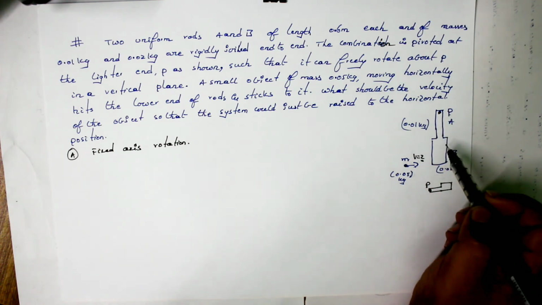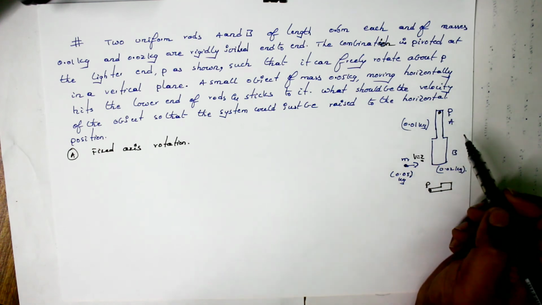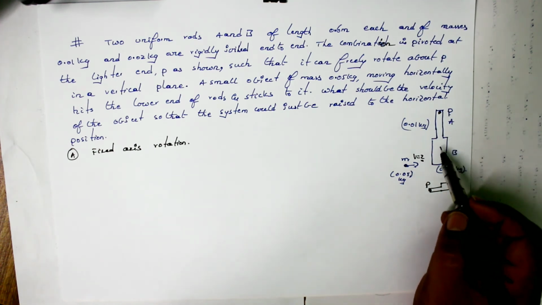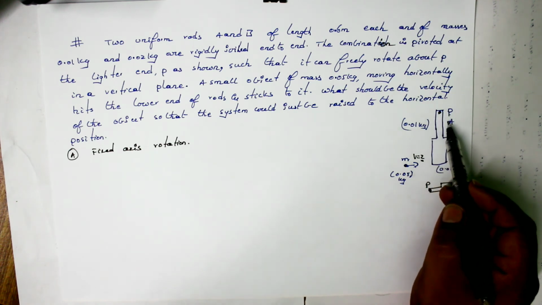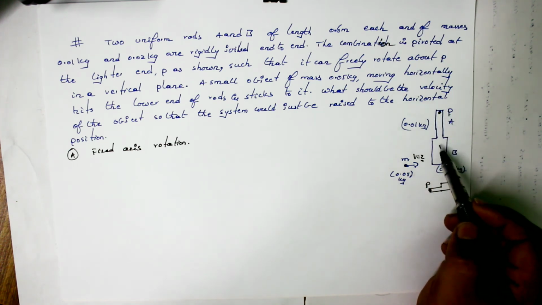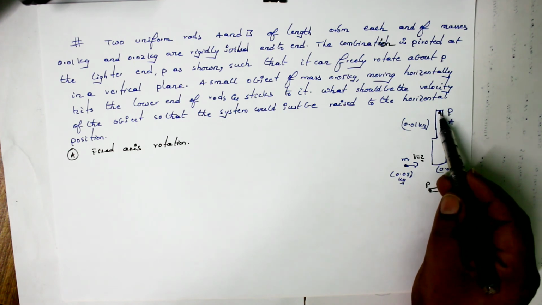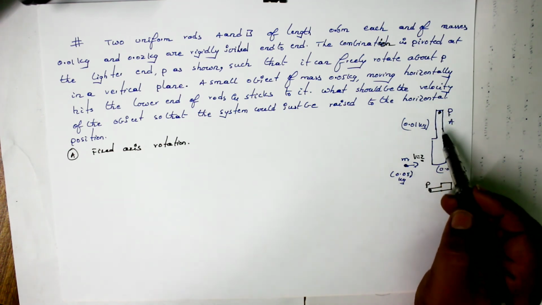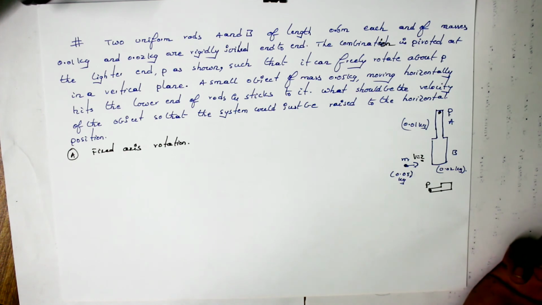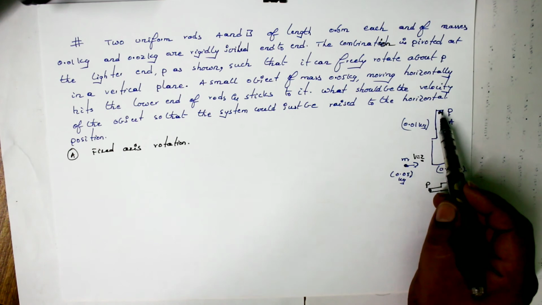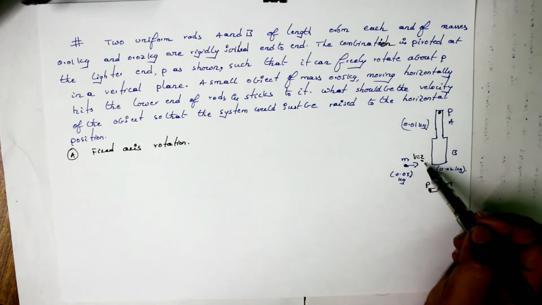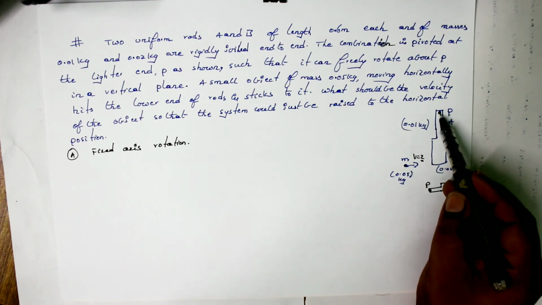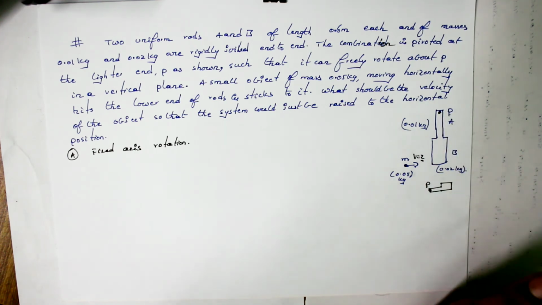If I try to apply the angular momentum equation about any other point, then the axis is also applying some torque, so the torque due to the axis also we have to consider. It means angular momentum cannot be conserved because an external force is given by the axis. So I have to write the equation only about the axis of rotation itself.